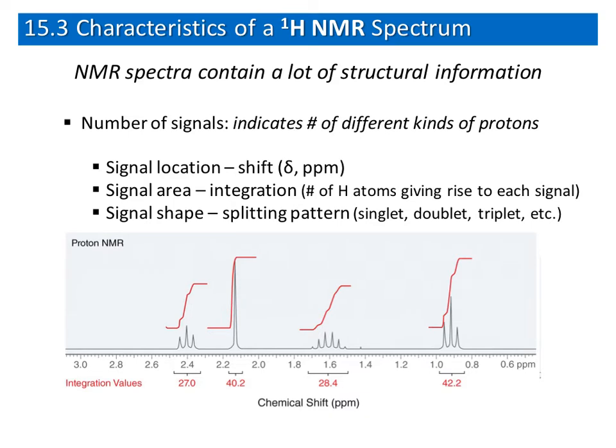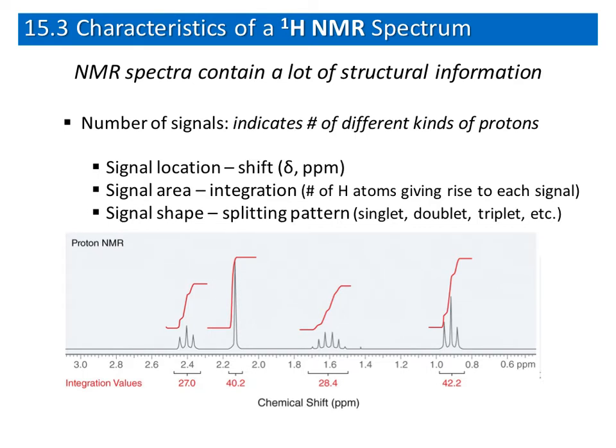The third one is the signal area or the integration value. The integration shows us the area under each peak. For example, the area under this peak is shown as this integration. Basically, this indicates the number of hydrogen atoms that are giving rise to each signal. And the fourth characteristic is the shape.